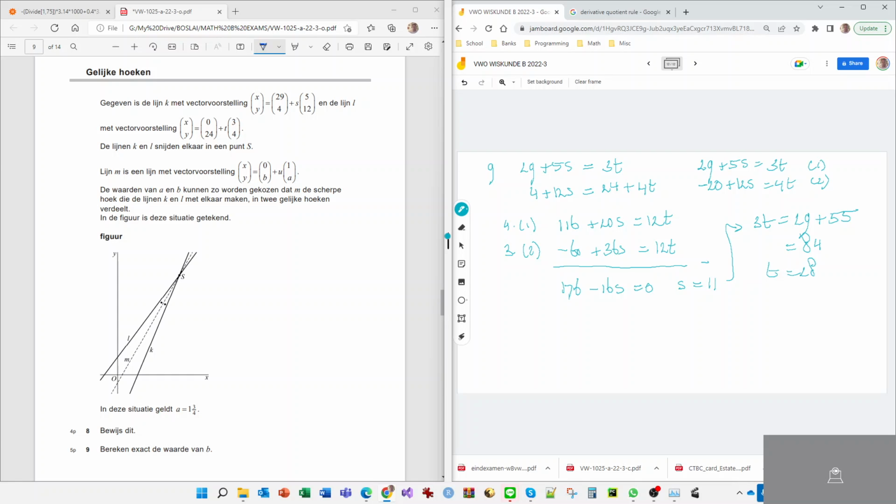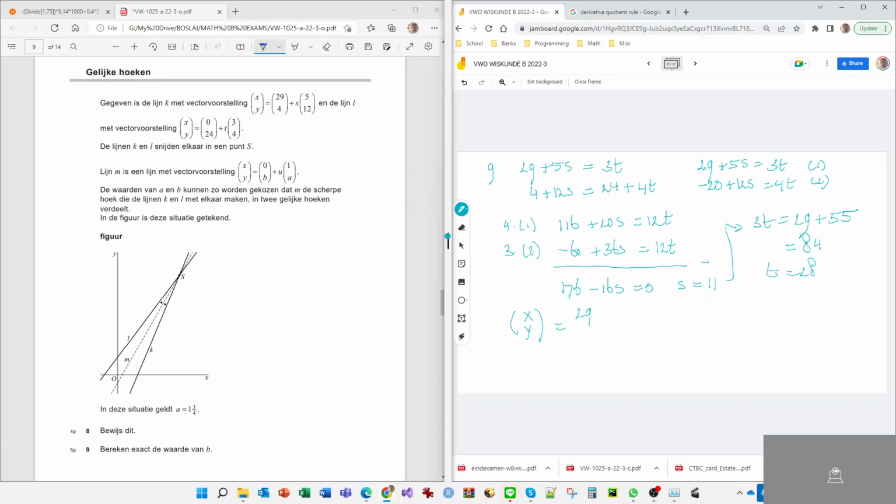Well, actually, we probably didn't need to calculate t. We know that the intersection is at s equals 11, so we could have immediately calculated x and y.